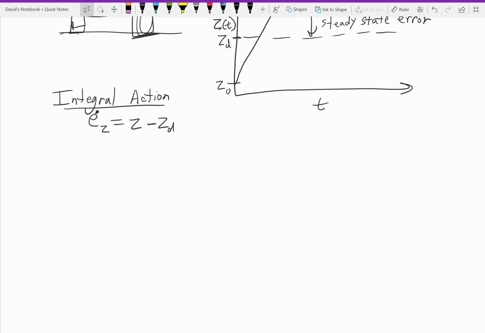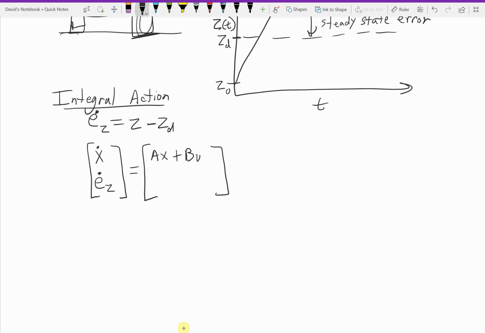If we were to go then and reform our state space system, we can create a new state based on x dot and ez dot. And this will be defined as the difference between z and zd and A x plus B u, which we had before.